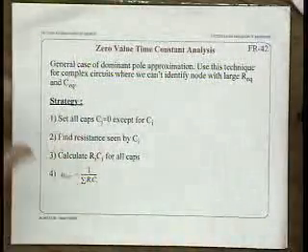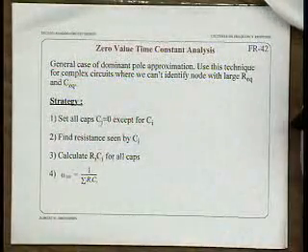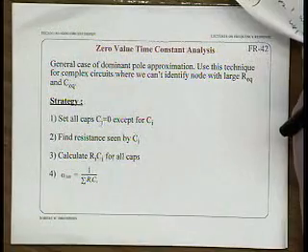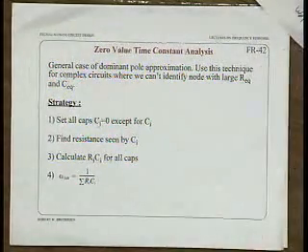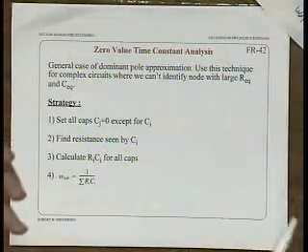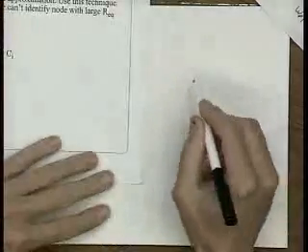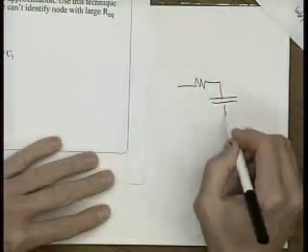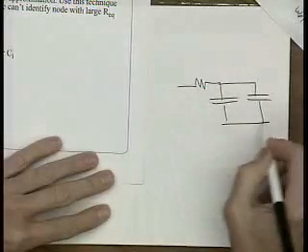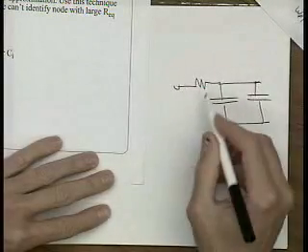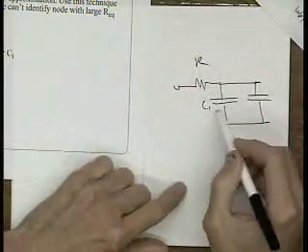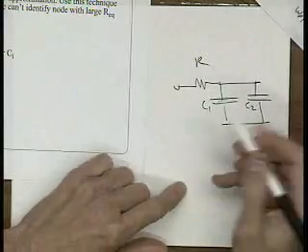Effectively what it's doing is calculating for each capacitor, let's say each capacitor, it could be true that each capacitor gives rise to a separate pole. It doesn't necessarily have to be true. You could clearly see a case where you have two capacitors and a resistor like this, and there are two capacitors here, but it's not two poles.